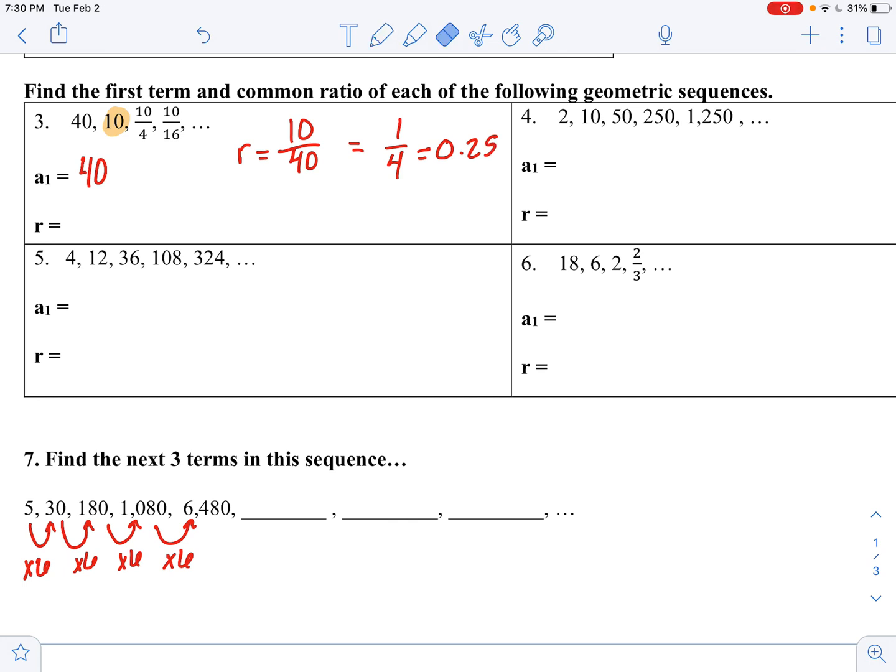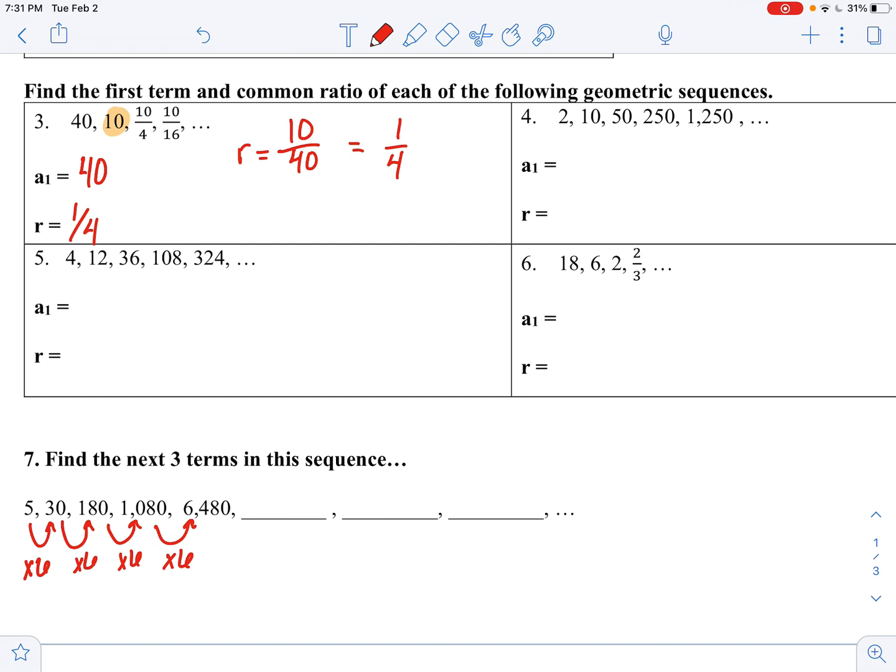Notice that if I multiplied 40 times 1/4, or 40 times 0.25, I would get 10. That's a quick way to check. You can always multiply any term by the common ratio that you think you got, and if it gets your next term, then you know you did it correctly. So here my common ratio would be 1/4.